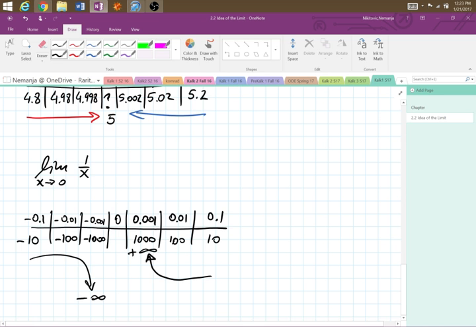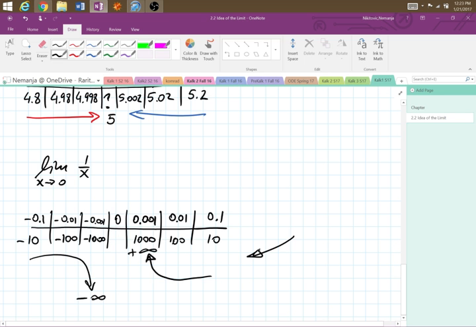And they're not going to settle at the common spot. Since we are on a flat surface, the positive and negative infinities are 2 different concepts. So, what's happening? No limit, no y value.